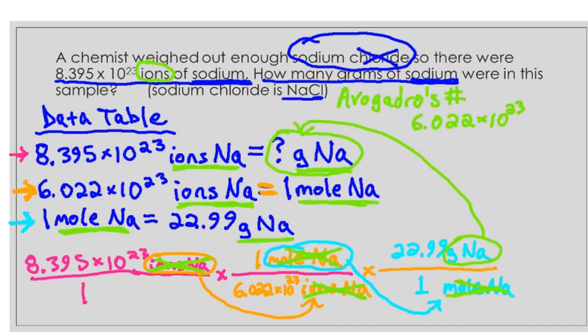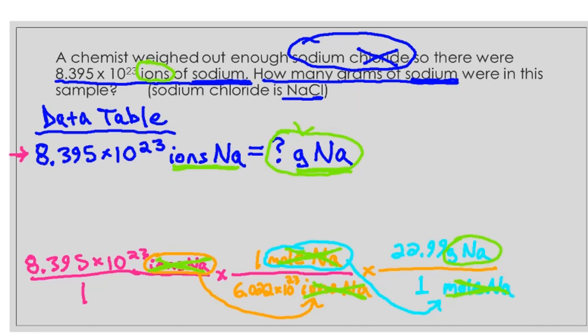So let's take our calculators and multiply across 8.395 times 10 to the 23 times 1 times 22.99. So the top of the fraction bar is 1.9300105 times 10 to the 25th grams of sodium.